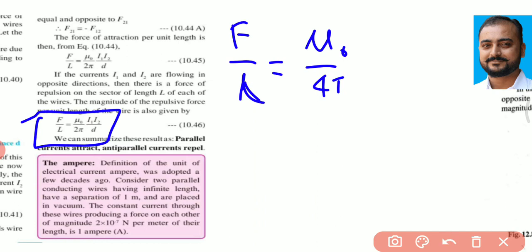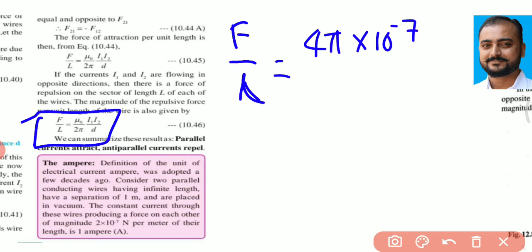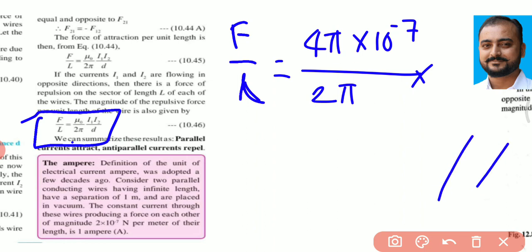Everyone knows the value of mu 0: it is 4 pi into 10 to the power minus 7, divided by 2 pi as it is, into I1 times I2, which is 1 ampere multiplied by 1 ampere, divided by the distance of separation, which is 1 meter.